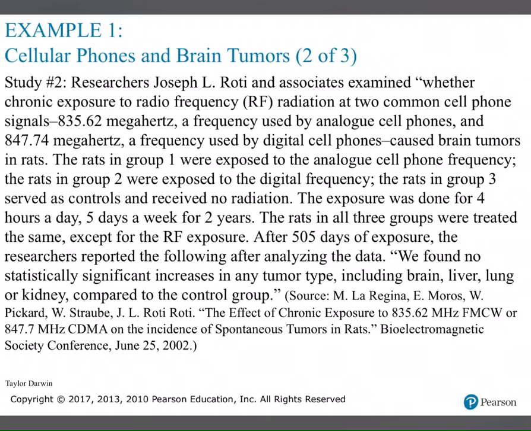The rats in group 1 were exposed to an analog cell phone frequency, and in group 2 were exposed to digital frequency. Then we had a group 3 that served as a control, which meant that nothing was done to them. They just kind of did their own thing. And then we looked at that exposure for 4 hours a day, 5 days a week for 2 years. The rats in all 3 groups were treated the same except for the RF exposure.